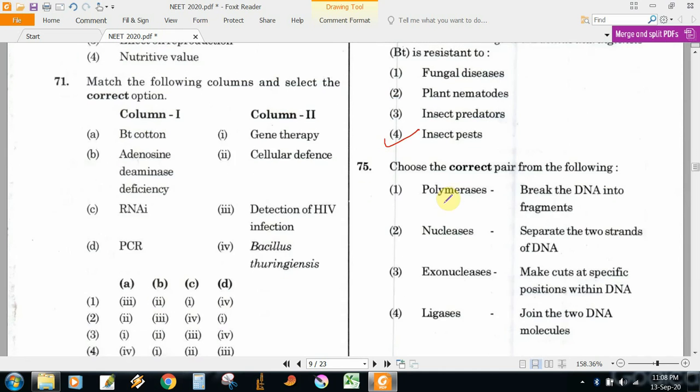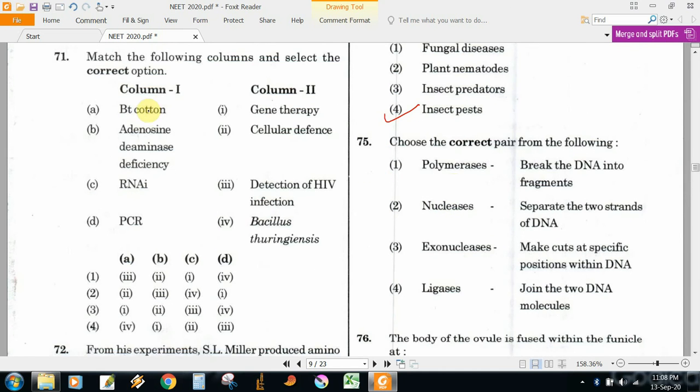Next one again match the following kind of question. In column 1 we are having BT cotton, next is adenosine deaminase, next is RNA interference, next is PCR. In column 2 we are having gene therapy, next is the cellular defense, third is the detection of HIV, and last one is Bacillus thuringiensis.